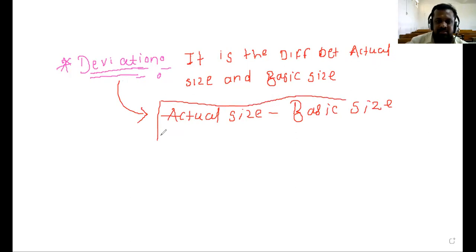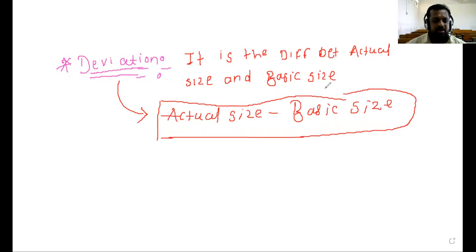I will explain with an example also, but before that remember that deviation is the difference between actual size and basic size. Now see here, suppose, just for your convenience, I will take a simple example: 20, plus 1, minus plus 2, minus 1.